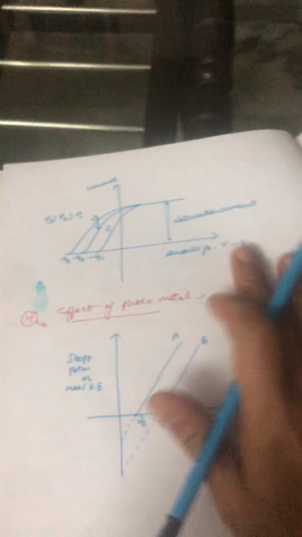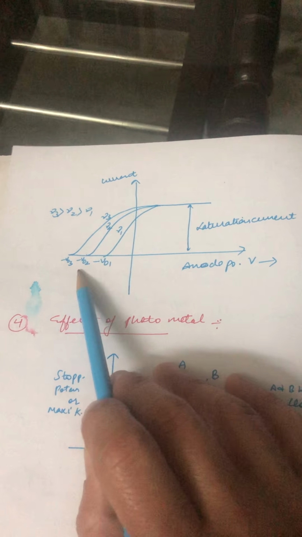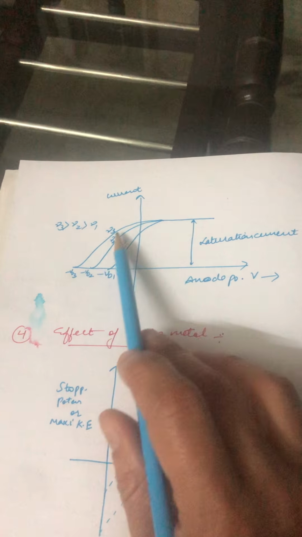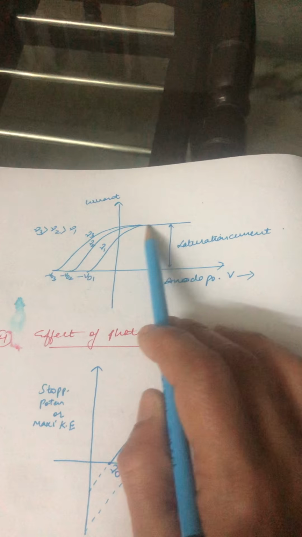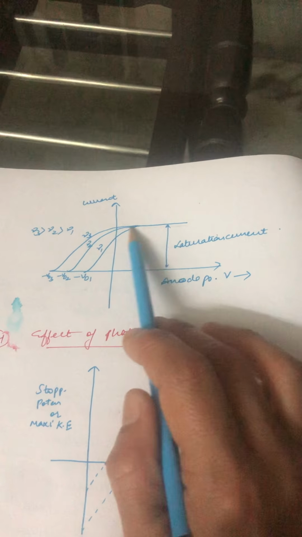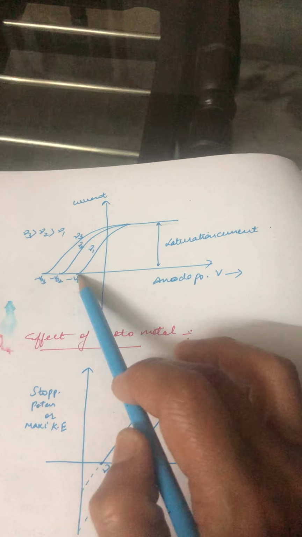So we'll move to the next page. This is the graph which explains this behavior: for the different frequencies, the saturation current is the same. It means current is independent of our frequency.